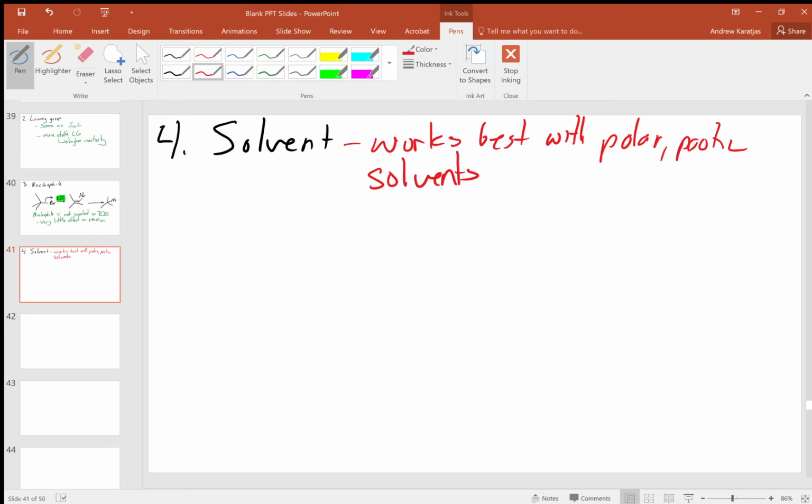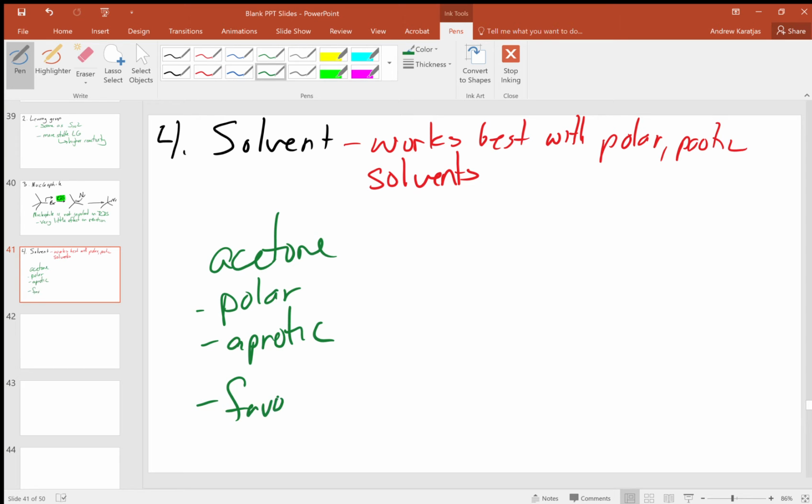And so what we do in that experiment is in the first part we use acetone. Acetone is polar but aprotic, and so it favors SN2.